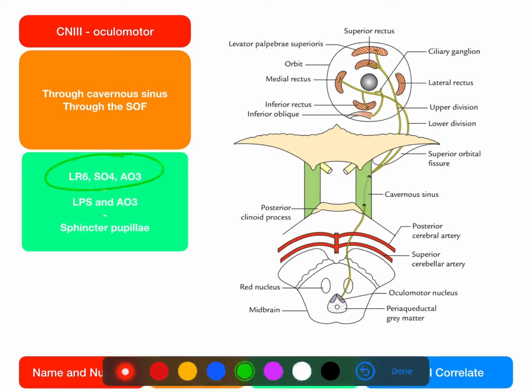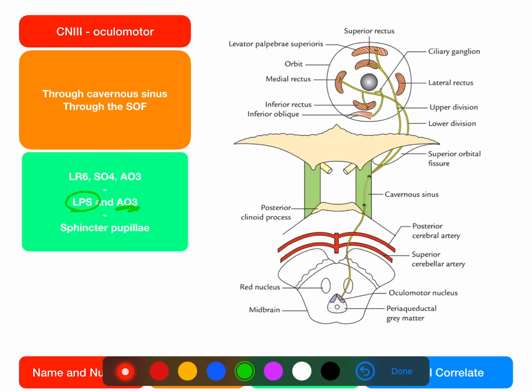So if you've got multiple problems with eye movement, it's more likely to be cranial nerve 3, because the 6th nerve only innervates one muscle, the 4th nerve only innervates one muscle, and all the others are innervated by the 3rd nerve. It innervates all of the other extraocular muscles, which are not the remit of this lecture, but also levator palpebrae superioris.